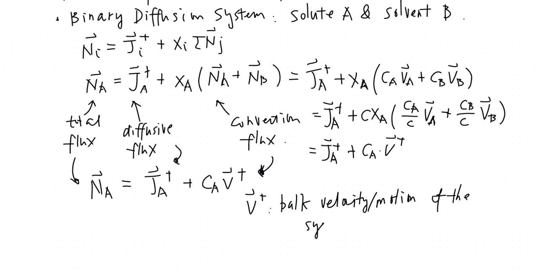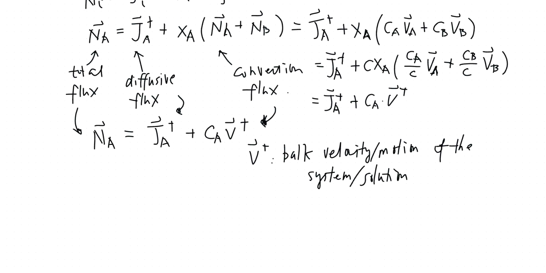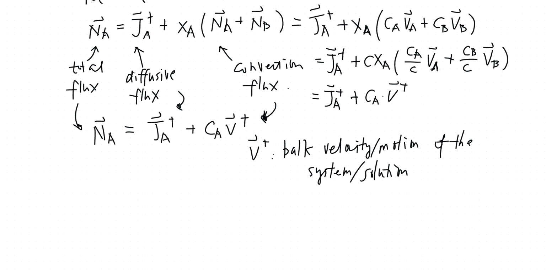The system means the entire solution. So a concentration multiplied by the bulk motion is a transport carried by convection. So this is the convection term, and the total flux is diffusion plus convection. This is the fundamental concept of diffusion and convection, and how they are represented by the notation of concentrations.